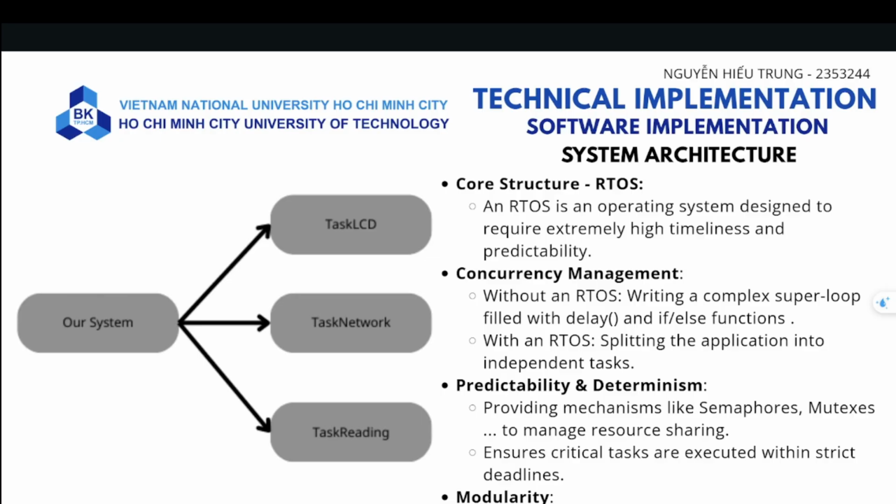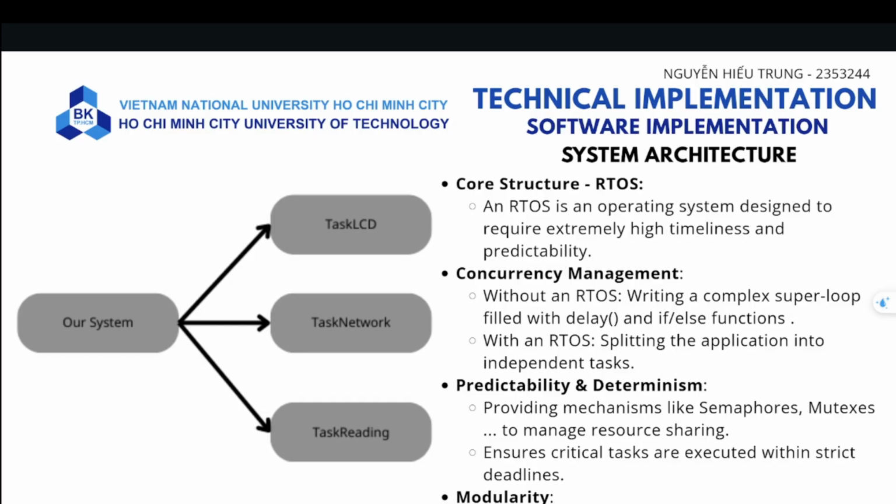With an RTOS, it allows us to split the application into independent tasks. The RTOS uses a scheduler to manage the CPU switching between these tasks based on their priority, so the most critical task is always handled in time.